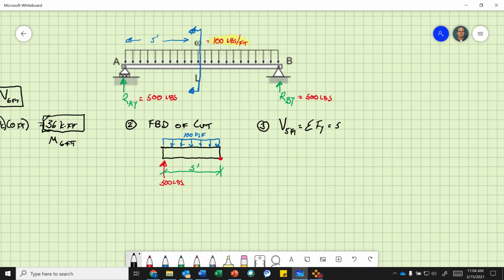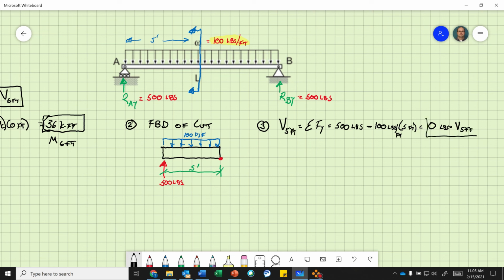So 500 pounds minus 100 pounds per foot times the length of my cut beam, 5 feet. If I do that out, my shear at 5 feet is actually 0 pounds. So I have 0 shear, and yes, that is okay.